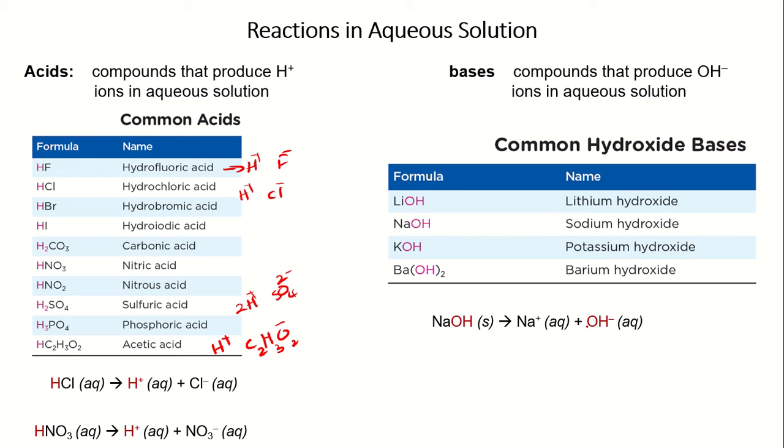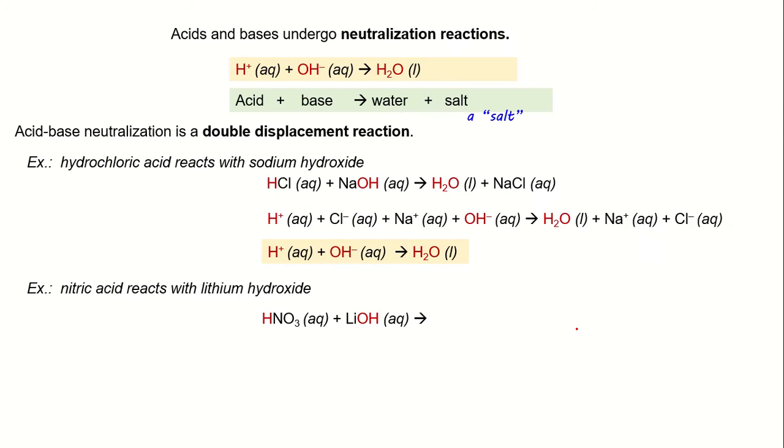Now what happens when we mix an acid with a base? We call them neutralization reactions. Why? We have this H plus coming from the acid and OH minus coming from the base. The opposites attract.